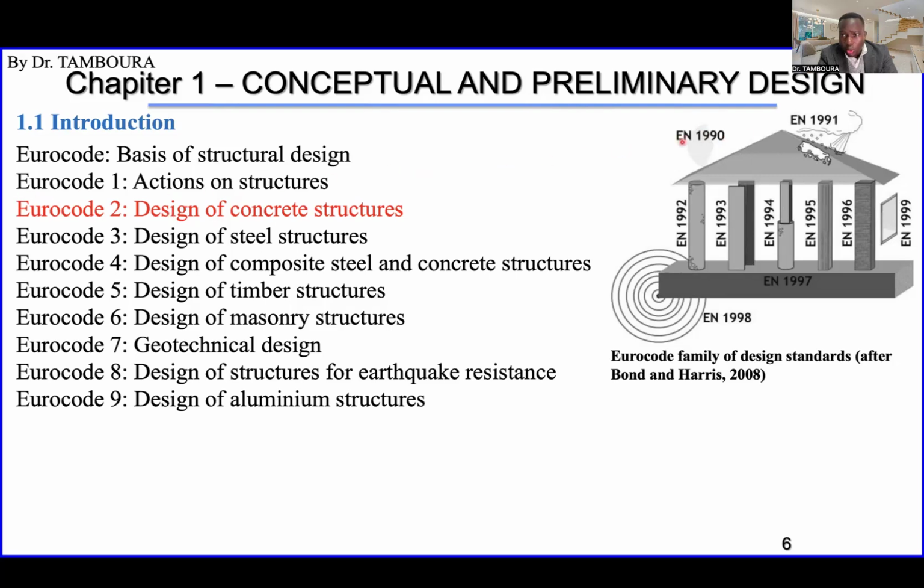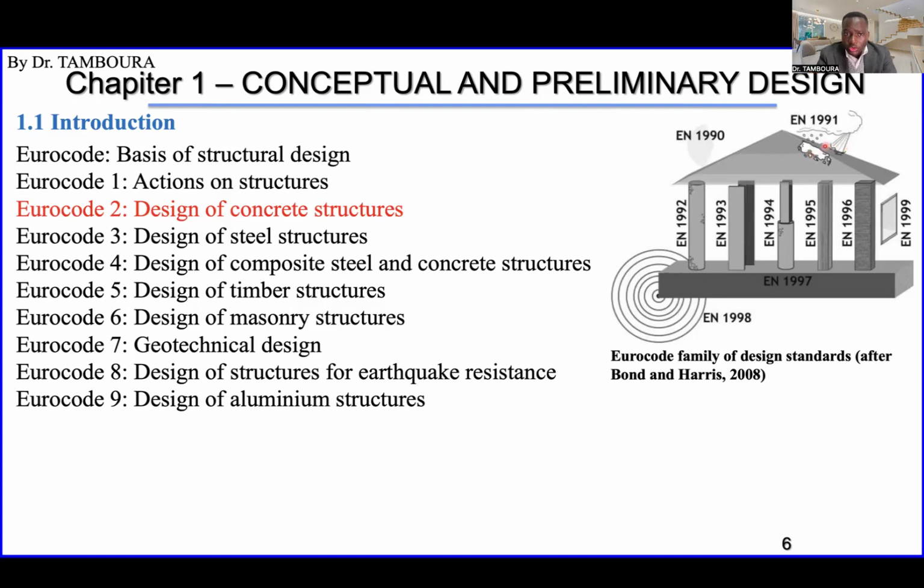And Eurocode 1 is about actions, just about load acting on buildings. For example, you can see this is snow. What is the load? How can you obtain the load of snow? The weight of snow, how is it considered, depending on the region where you are. Wind, rain.